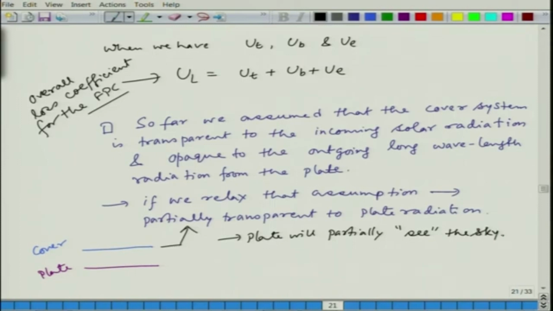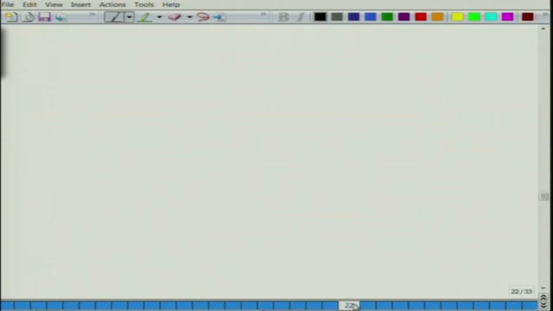And what we can write then is this Q radiation, the rate of heat transfer through radiation from the plate to the sky. This term is now introduced, because earlier we assumed the cover is opaque, so the plate could see only the cover system.